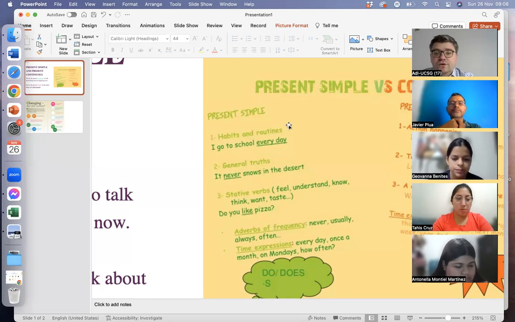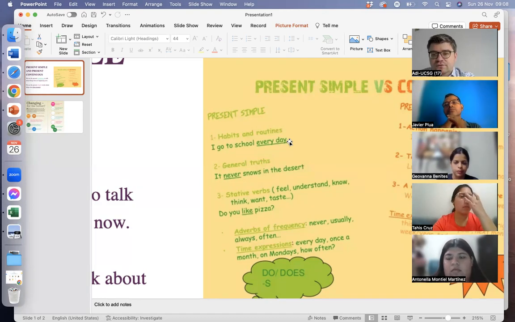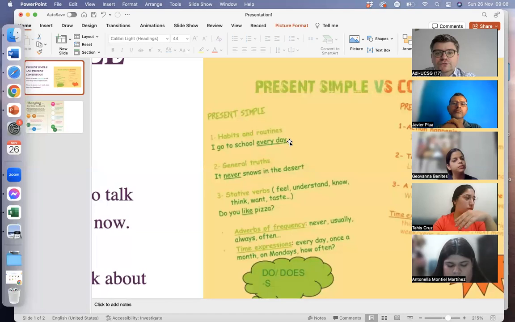So yes, these are the 3 rules. Very easy, very straightforward. Habits and routines: something you do on a regular, everyday or repeating basis. If I say, I go to the beach every single weekend, that means that at the end of the week, I go to the beach.